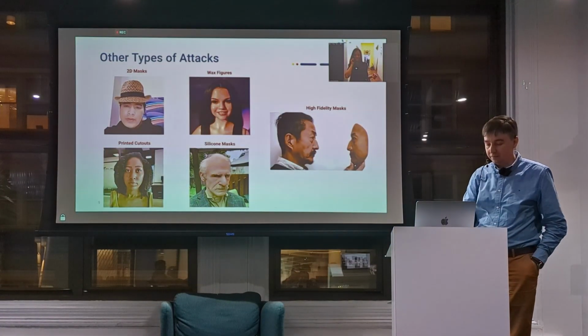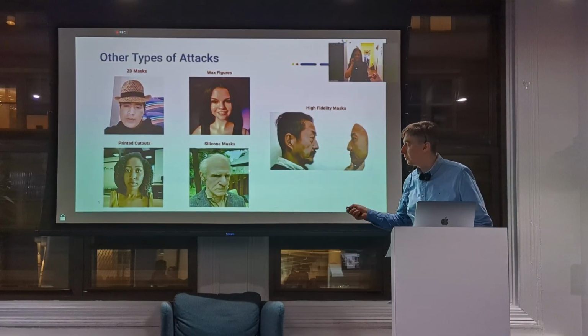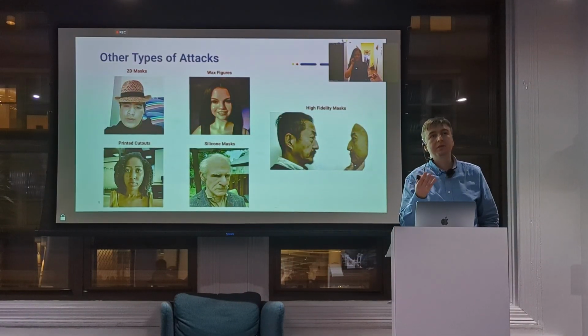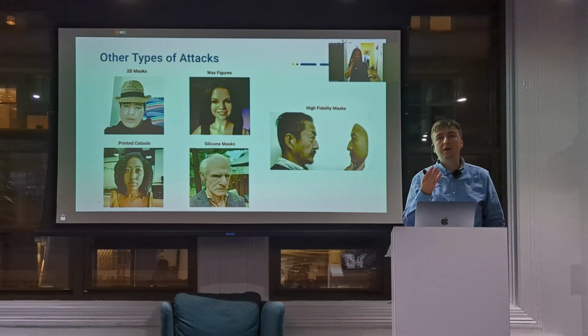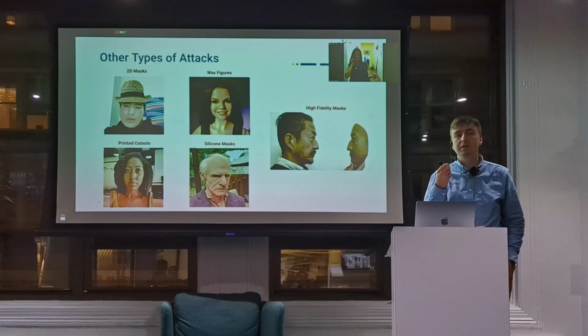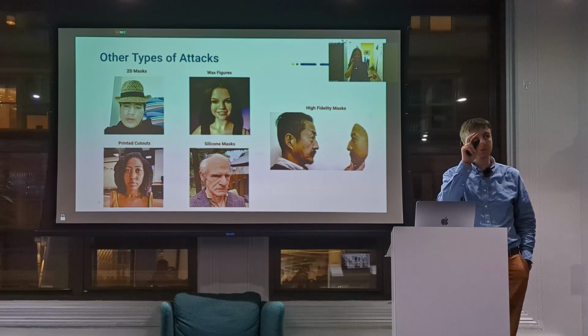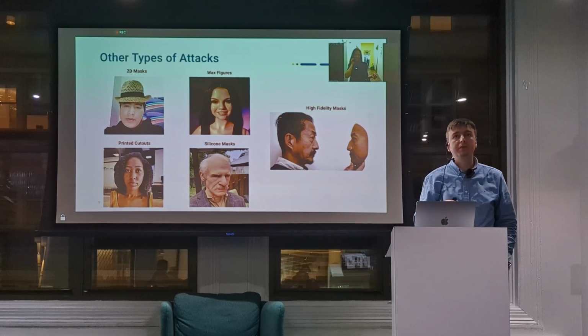Well, if we look at the real silicon mask, this is actually a very great picture of a silicon mask. If you look at a silicon mask that costs $300, you may see that it has inconsistencies around the eyes, because the human has to look through it, and it has pretty much the same colored face.